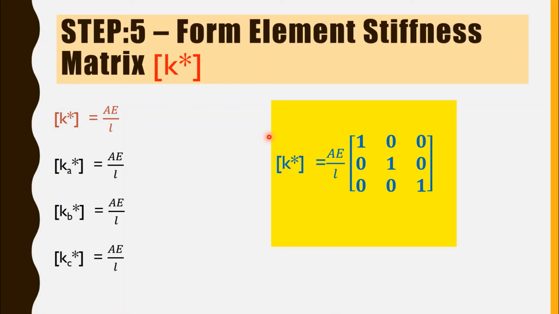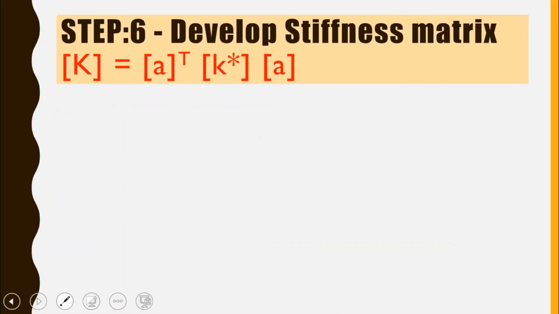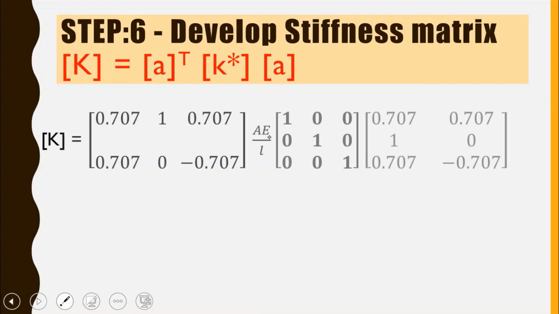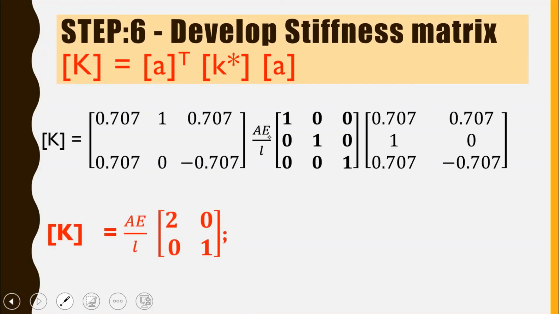Now step number 6, we have to develop the stiffness matrix of the structure. Stiffness matrix means K is equal to displacement transformation matrix transpose into element stiffness matrix into displacement transformation matrix. So we have K as this. So K is equal to AE by L into 2 0 0 1.